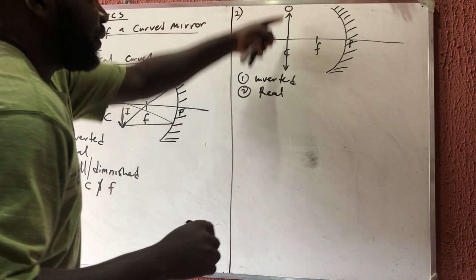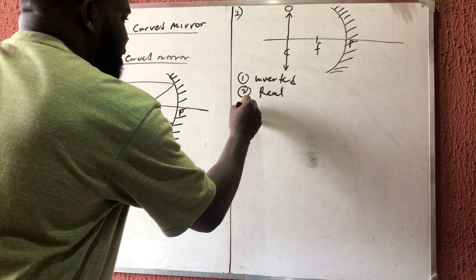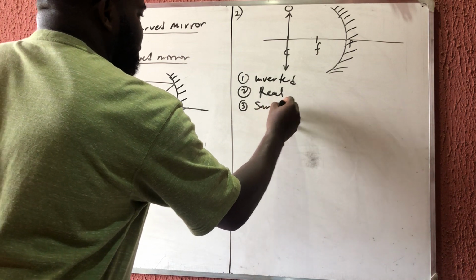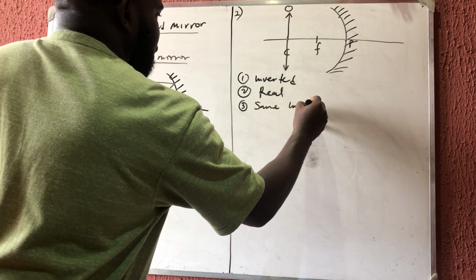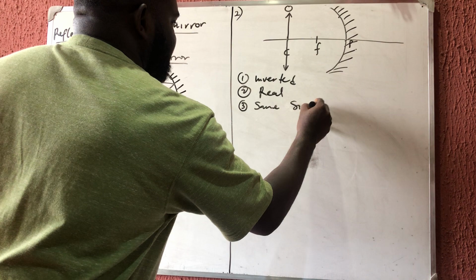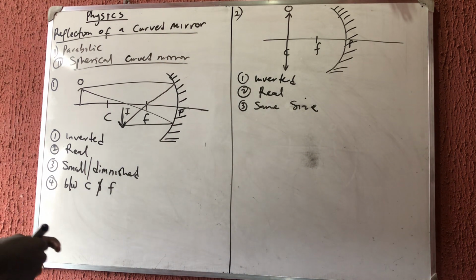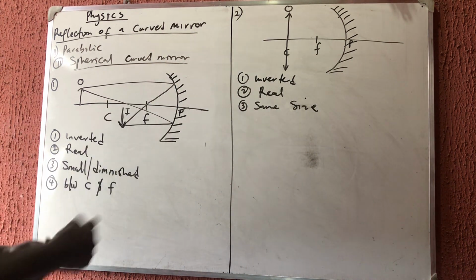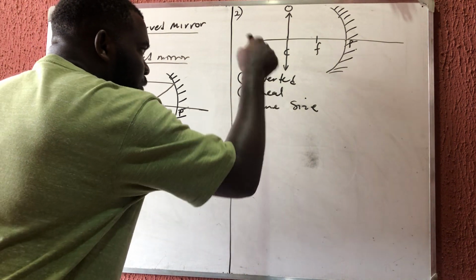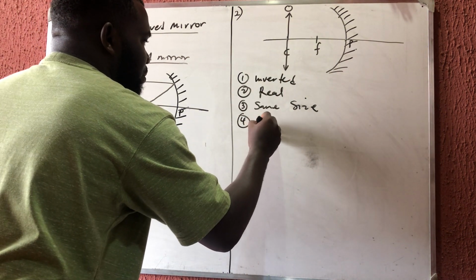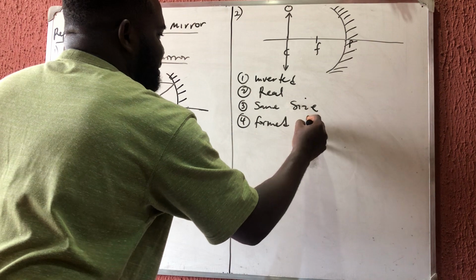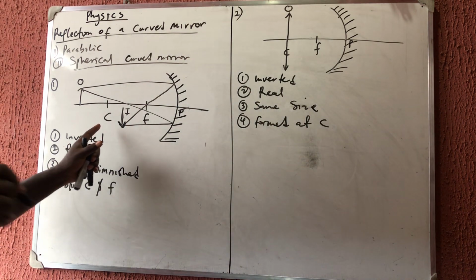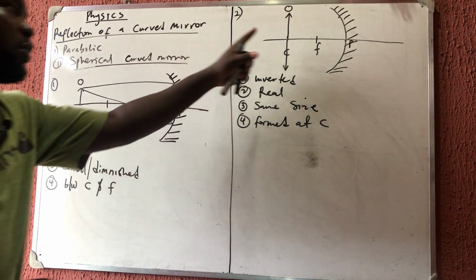Then since it is placed here, the image is going to be the same size as the object. So the image is going to be of the same size with the object. Then finally, it is equally formed at the curvature, formed at C. Remember that the previous one was formed between C and F, but this one was formed at C.